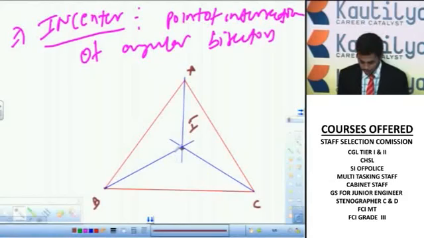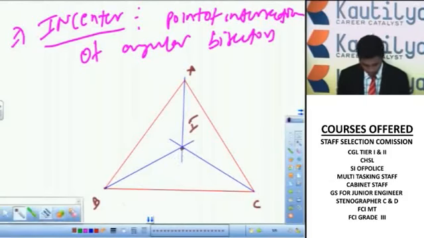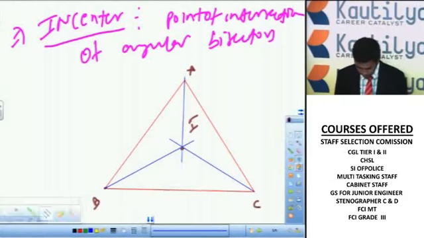The perpendicular from I to BC would be like this.